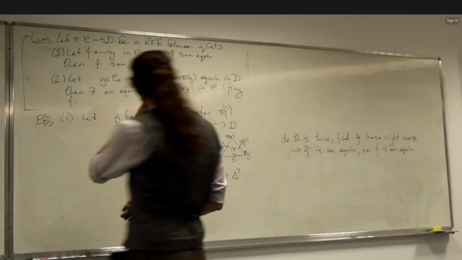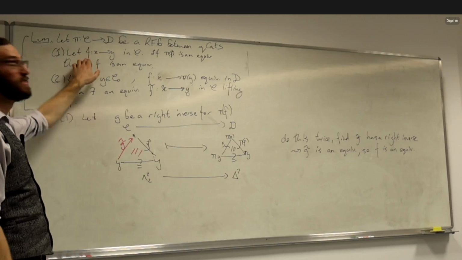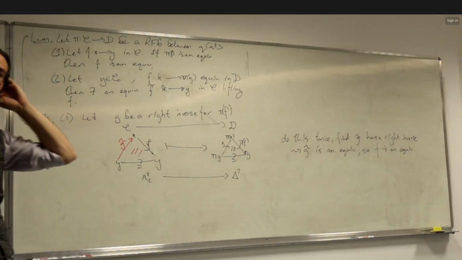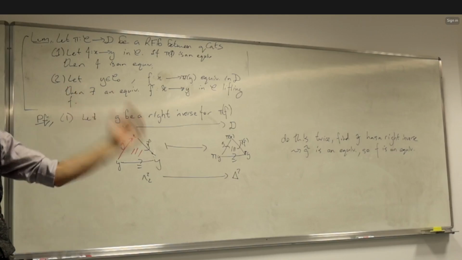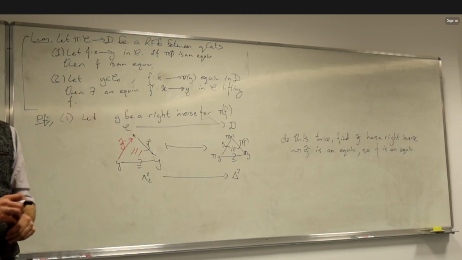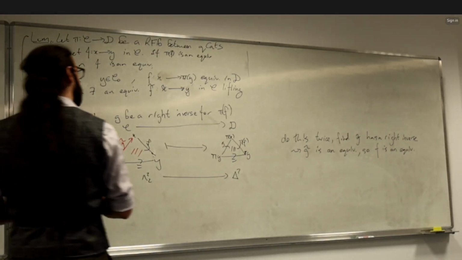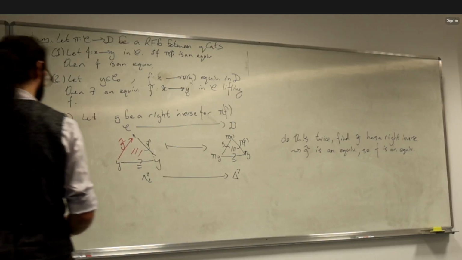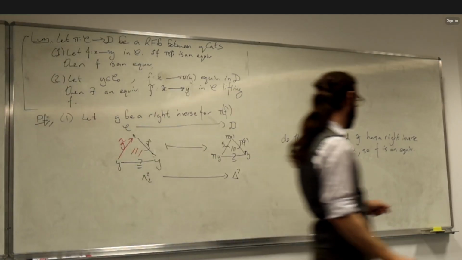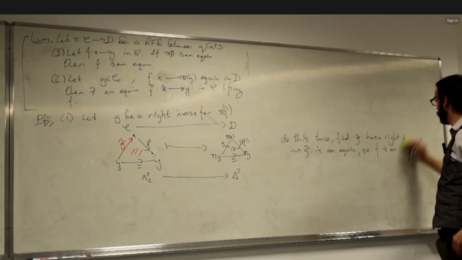So what we do is we start with this f, we show that it has a right inverse, we show that its right inverse is invertible, and that means that it is invertible. Okay, and then I'm actually just going to get rid of this argument so that I don't have to move to a different board.